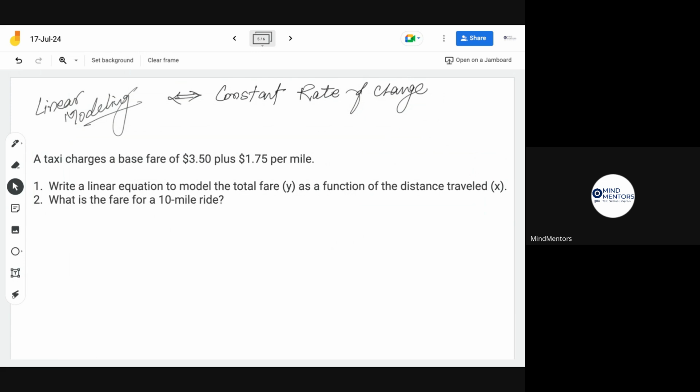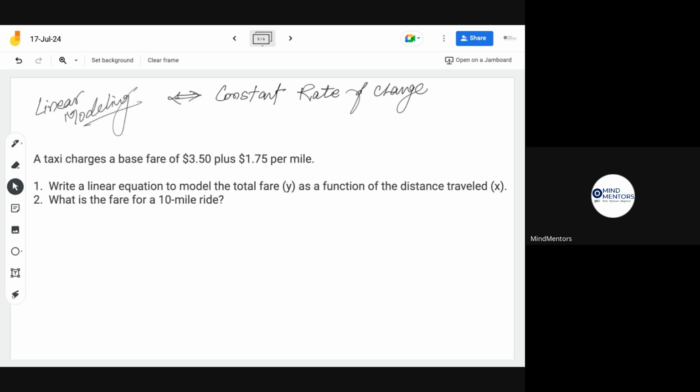Taxi charges base fare of this plus. Okay, same with you.